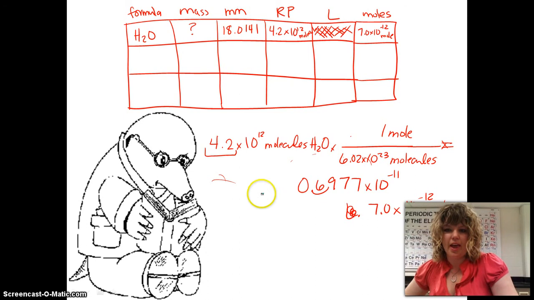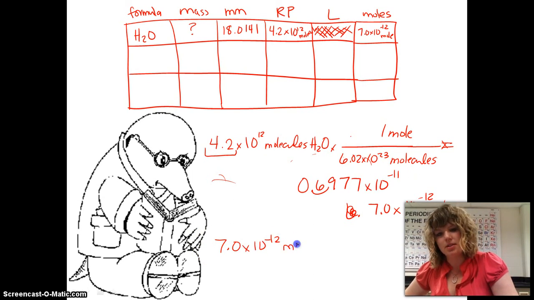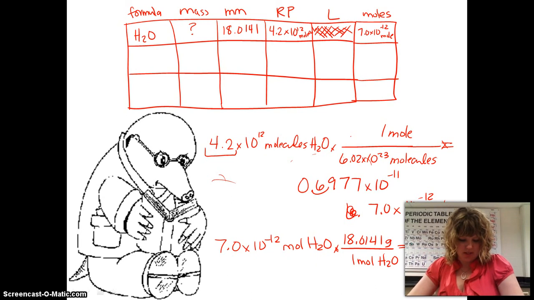And then I could take that and go to mass. I could either do another step here, or I could just start out with this answer and go to my next one. So it's kind of, you choose what your given number is to calculate whatever is left. Okay, your blanks. So 1 mole of water, we know the gram is 18.0141 grams. So we take 7.0 times 18.